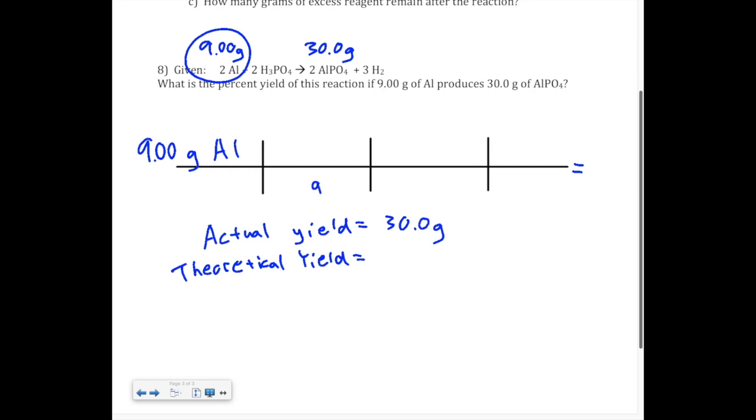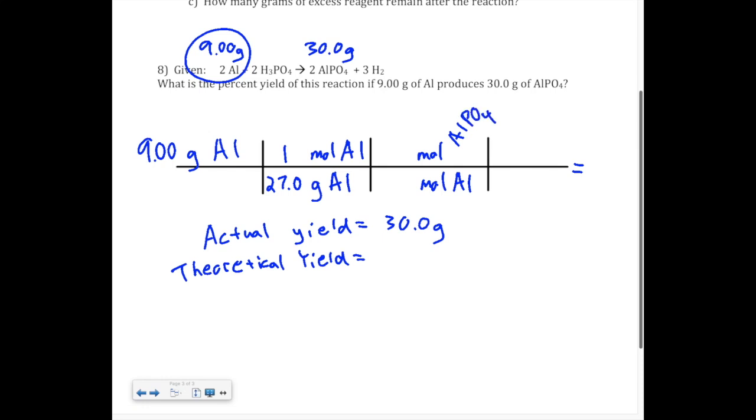And then I need to change grams of aluminum to moles of aluminum. Now there are 27 grams of aluminum per mole. And then I need to change moles of aluminum to moles of aluminum phosphate. Now I'm going to have to write sideways, AlPO4.